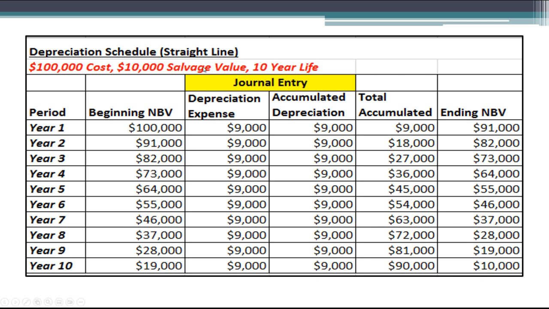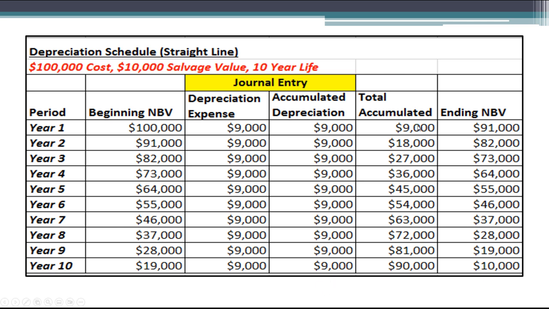What it impacts is the depreciation calculation, because we take cost minus salvage value to get the amount we want to depreciate. And then we divide that by the number of years. So 90,000 divided by 10 years gives us 9,000 each and every year, exact same amount each and every year.